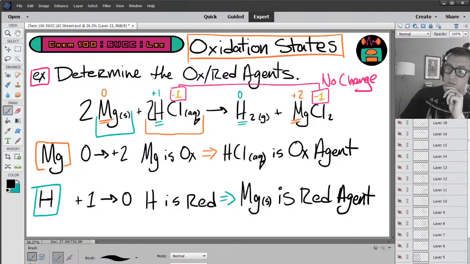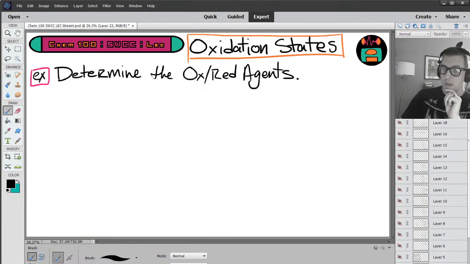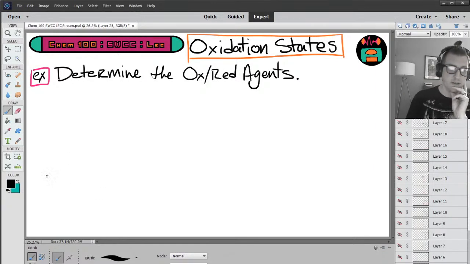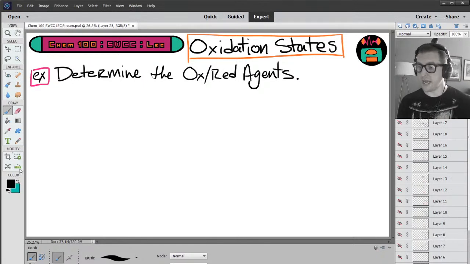All right. For the sake of time, I'm going to move on, but I'm going to leave you with 2 problems to try on your own. So this is just for your own fun. The problems are the same: determine the oxidizing agent and reducing agent for these 2 reactions.